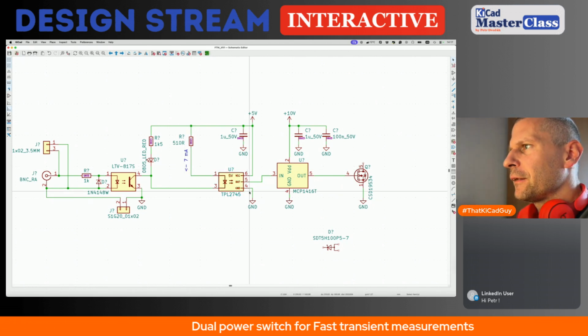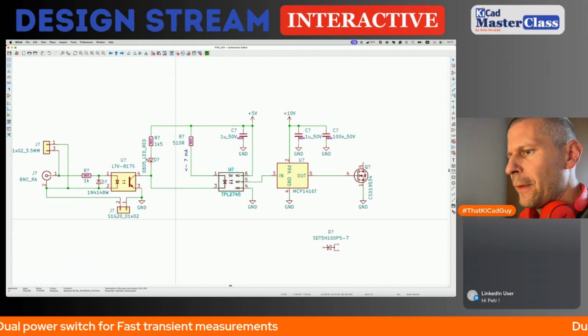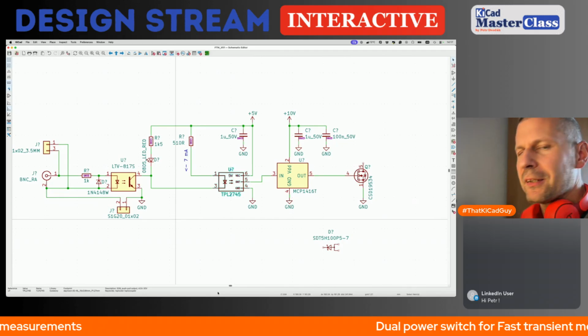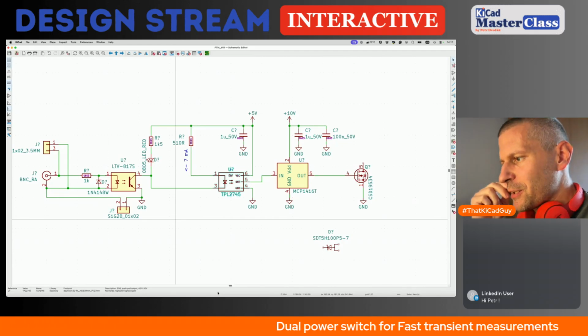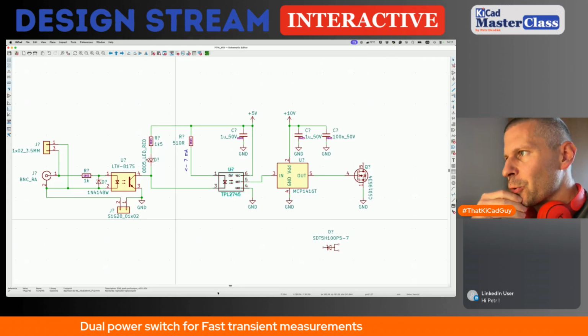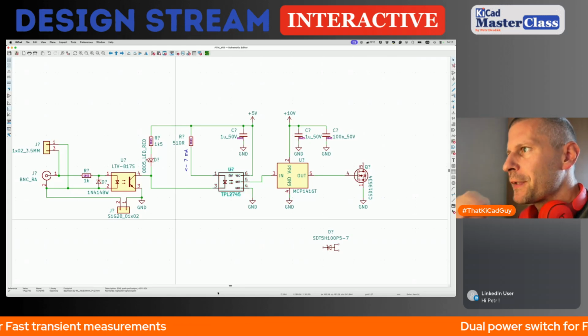But I think, yeah. I have to keep in mind that the rising and falling edges must be as steep as possible, because slow edges would influence the measurement. So this is not wanted.